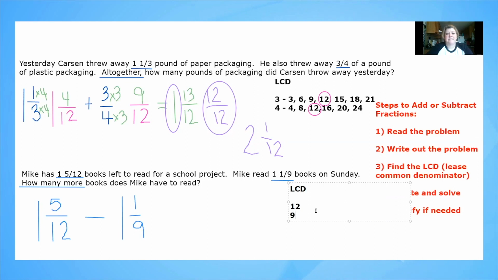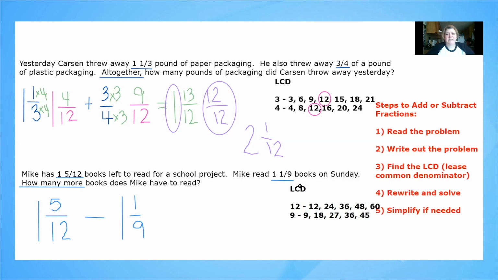So we are going to skip count by 12s. 12 times 1 is 12. 12 times 2 is 24. 12 times 3 is 36. 12 times 4 is 48. 12 times 5 is 60. 9 times 1 is 9. 9 times 2 is 18. 9 times 3 is 27. 9 times 4 is 36. 9 times 5 is 45.